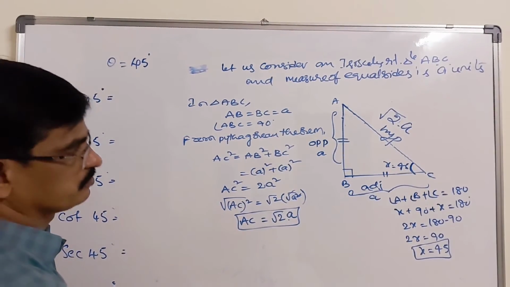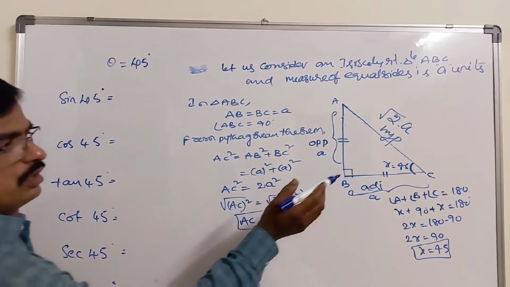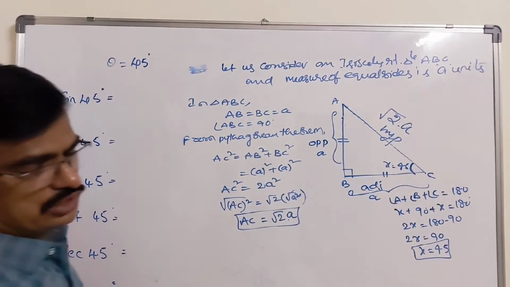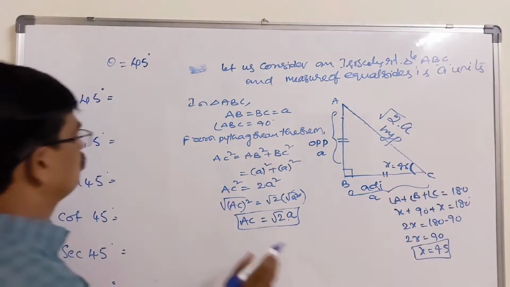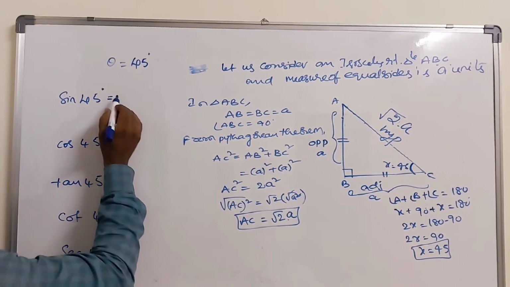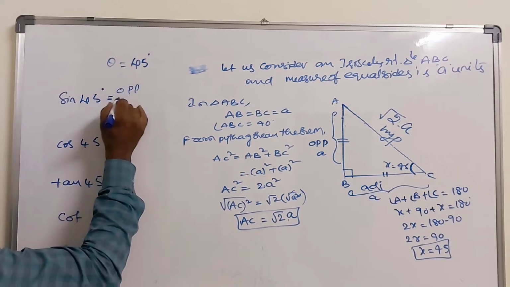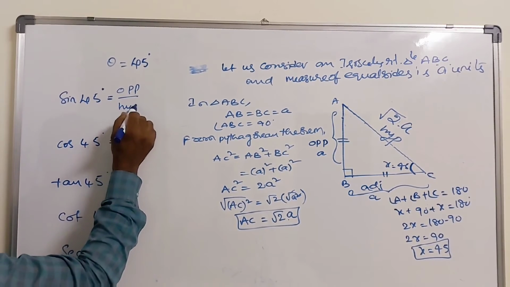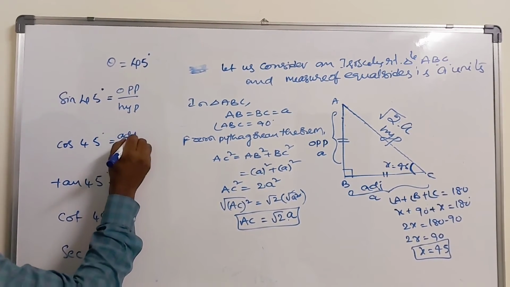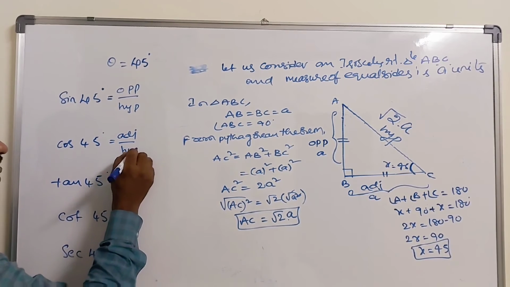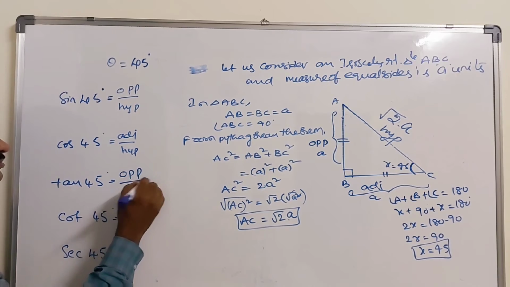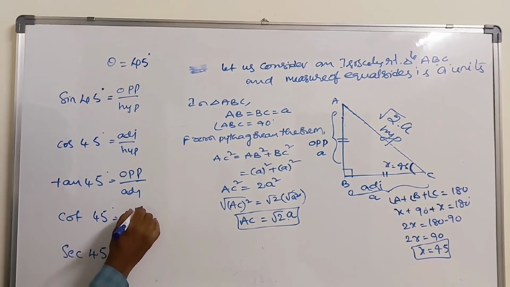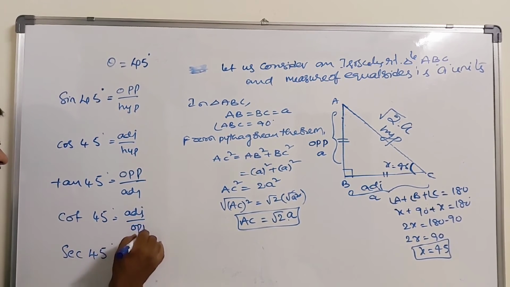Remember it. Now in triangle ABC, we know the measures of AB, BC and CA. Now you replace the values: opposite side by hypotenuse, adjacent side by hypotenuse, opposite side by adjacent side, adjacent side by opposite side.